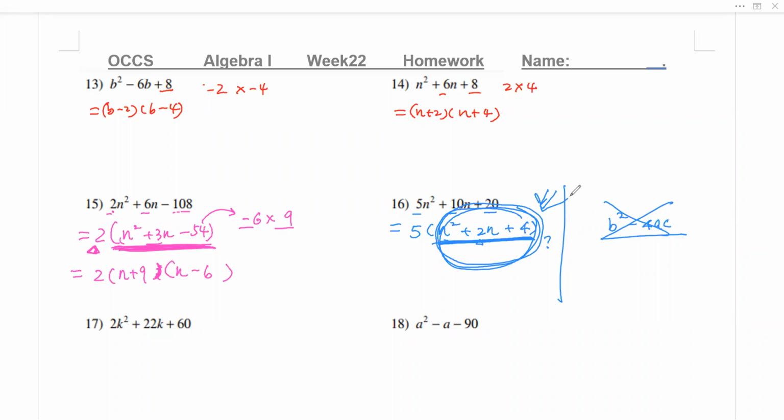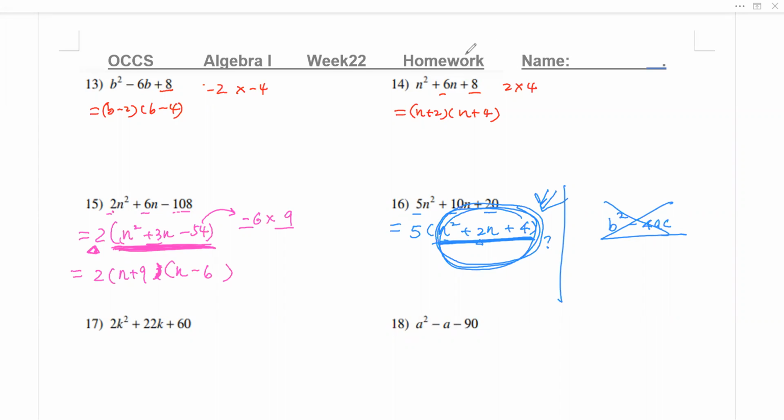Soon we will learn how to factor these kinds of trinomials. So for the current step, we just stop here. This one cannot be factored yet, but in the near future it can be. Just keep this in your mind. We didn't learn that one. Let's keep it a secret for now. We will talk about it soon, maybe in 2 or 3 weeks.